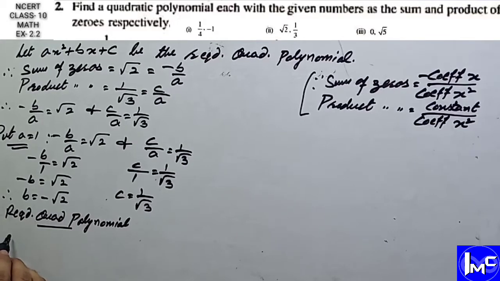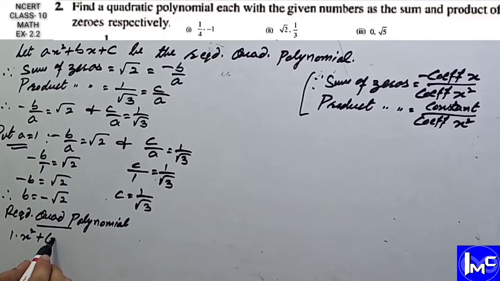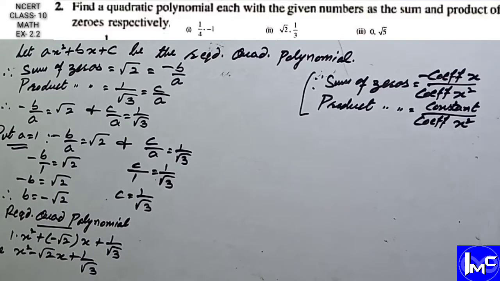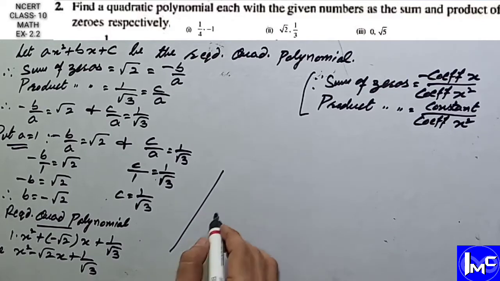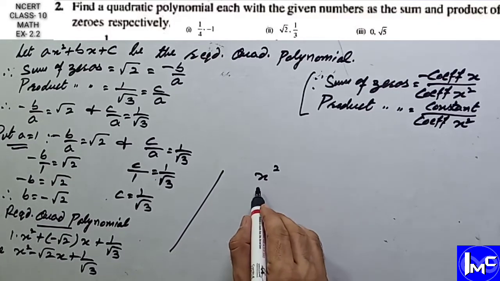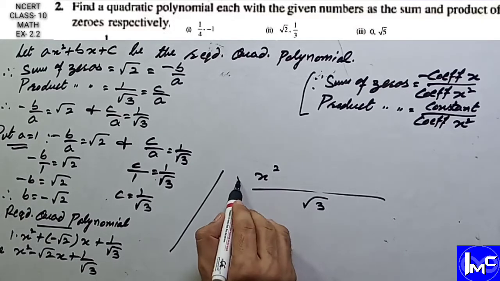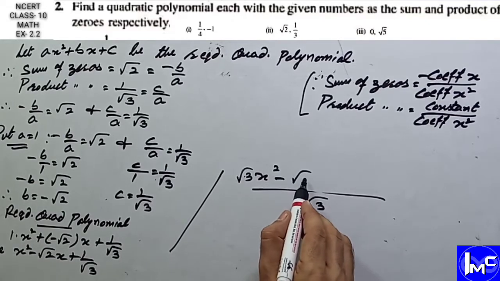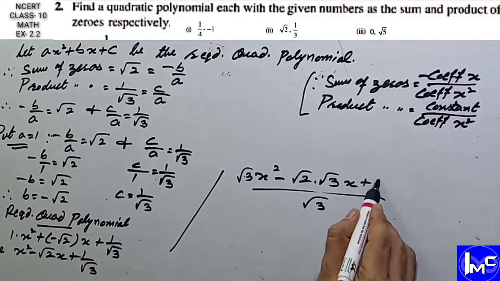will be ax square, a is 1, plus bx, minus under root 2 x, plus c, 1 over under root 3, that is x square minus under root 2 x plus 1 over under root 3, and by taking under root 3 as LCM you can solve it as 1 over under root 3 times (under root 3 x square minus under root 2 into under root 3 x plus 1).